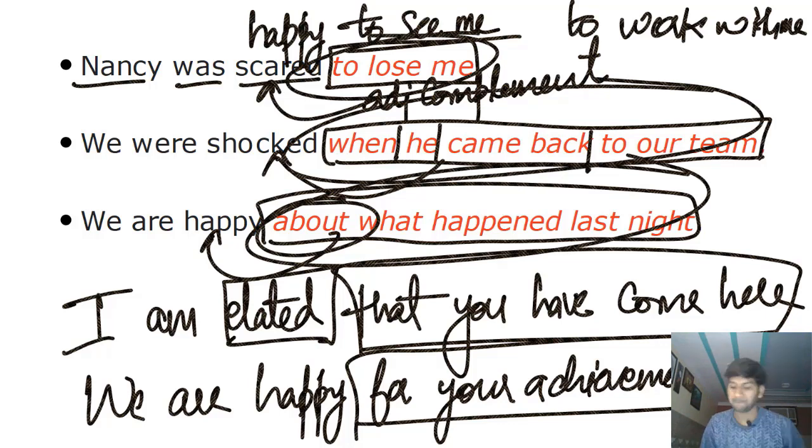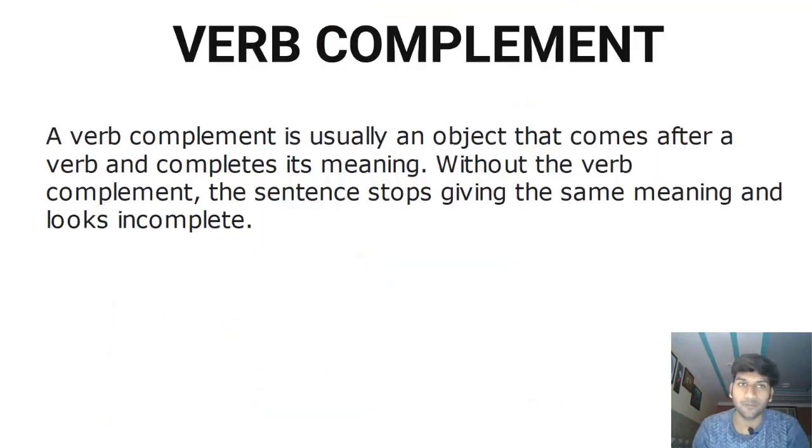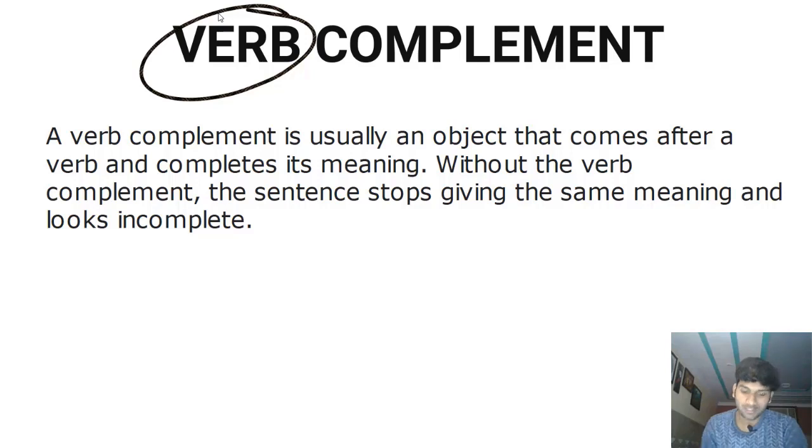All right. The next type of complement, verb complement. This is very, very easy. Verb complement. So it's a complement that completes the meaning of a verb. A verb complement is usually an object. It's an object, so it comes right after the verb, and completes its meaning.